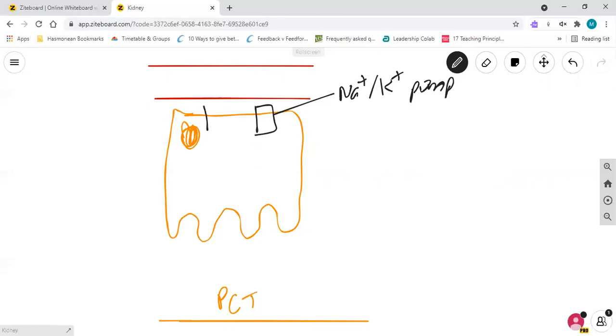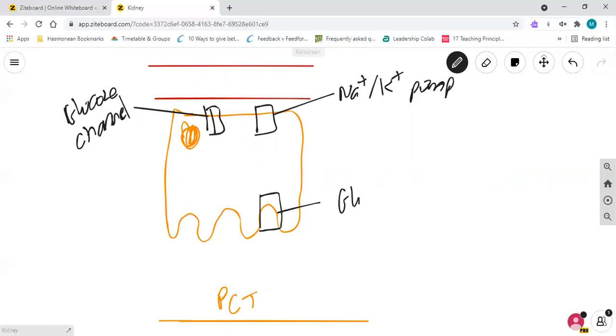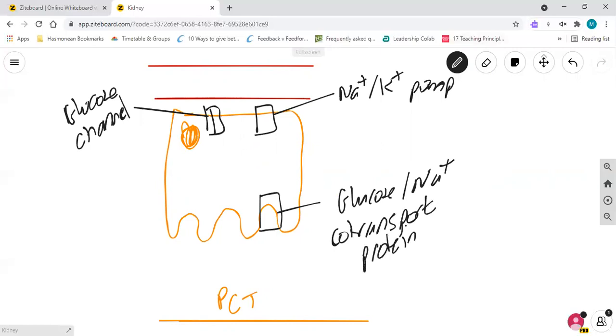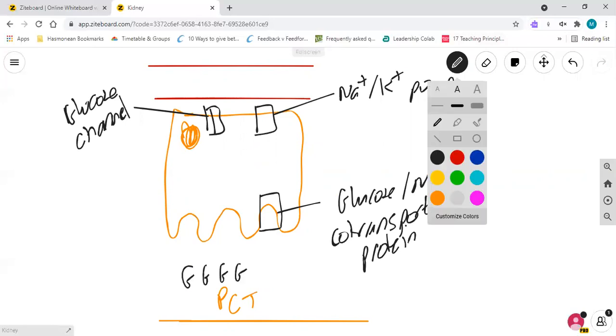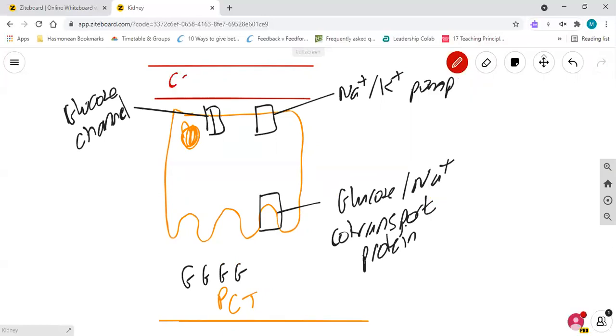We have a glucose channel for facilitated diffusion, and we have our glucose sodium co-transport protein. So our glucose is sitting here at the moment, and we've got to reabsorb it all the way back into the capillary, which is over here.